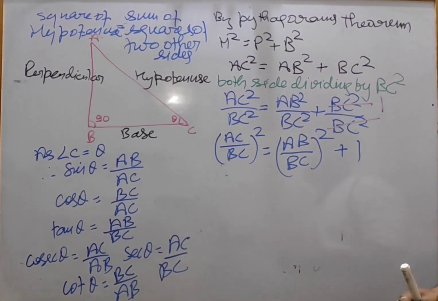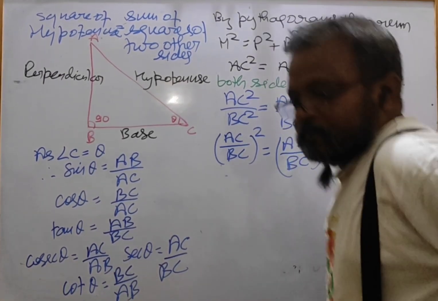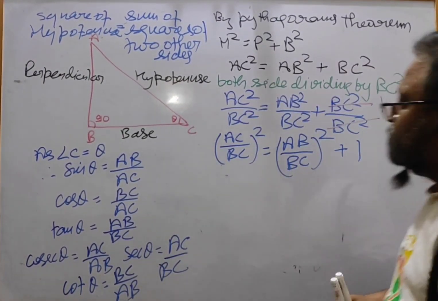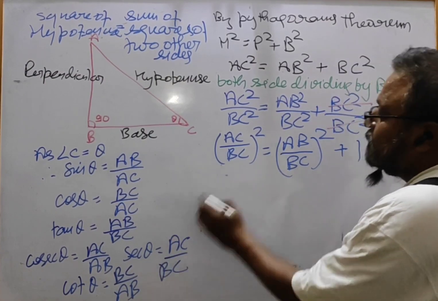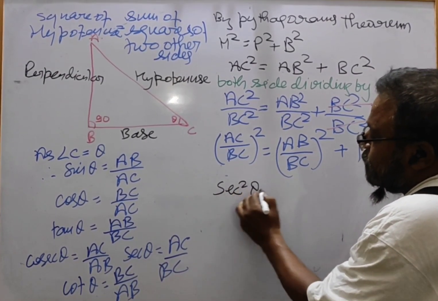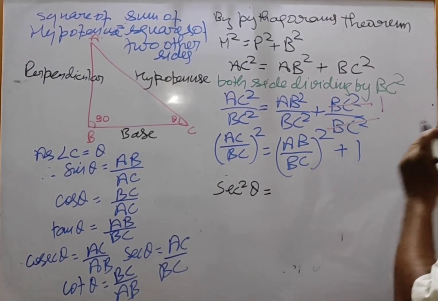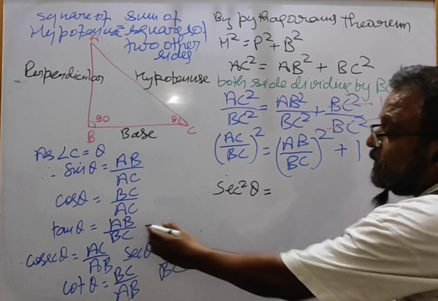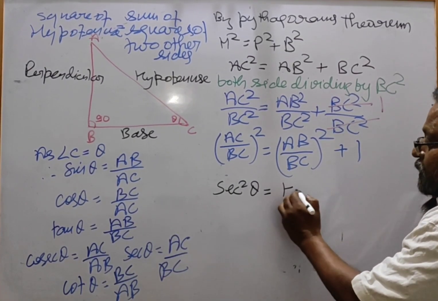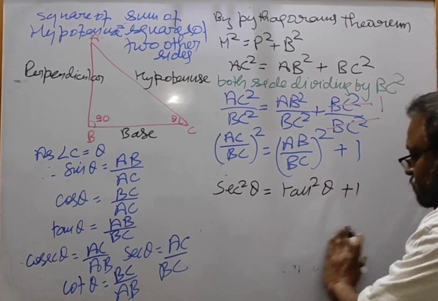Fine. What is AC upon BC? That is known as sec square theta. And AB upon BC is tan square theta. Tan square theta plus 1. Right?